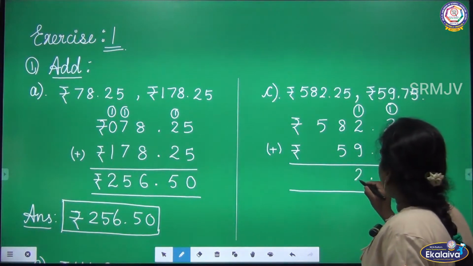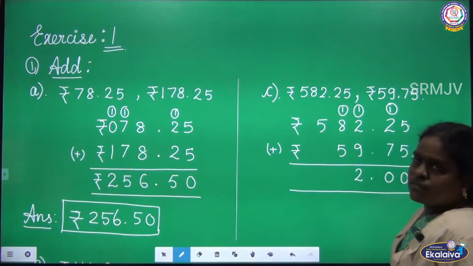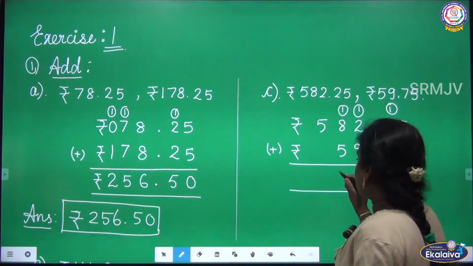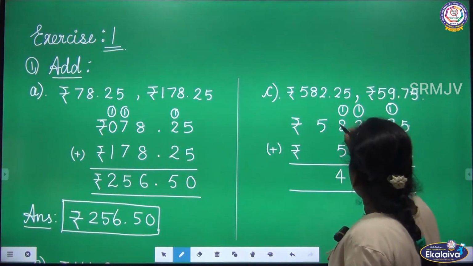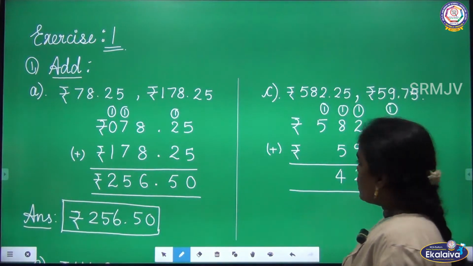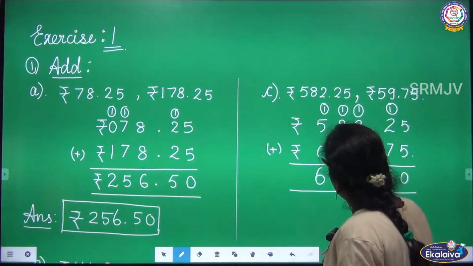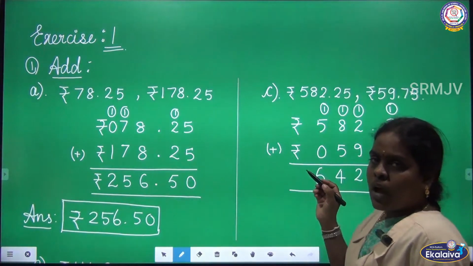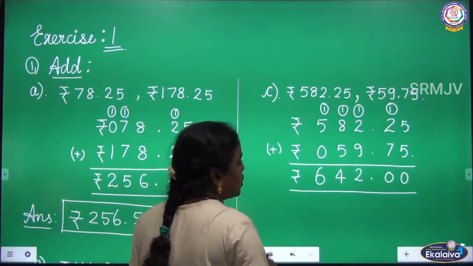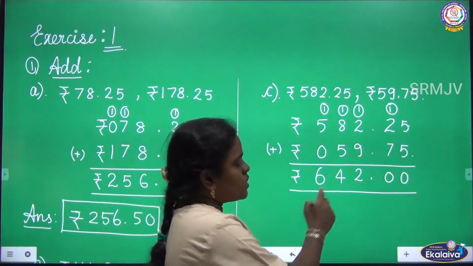So write 2 down, 1 carry over. 8 plus 1 is 9. 9 plus 5 is 14. Write 4 down and 1 carry over. Now 5 plus 1 is 6. For your comfort, here you can write 0 or it's your wish. So if you add the given amount, you can get 642 rupees and there is no paise.